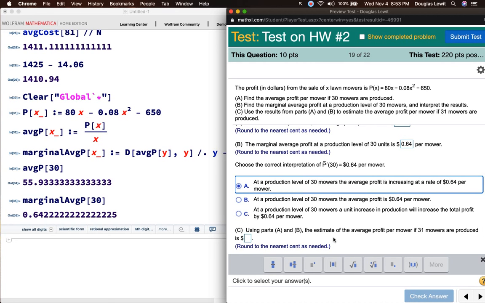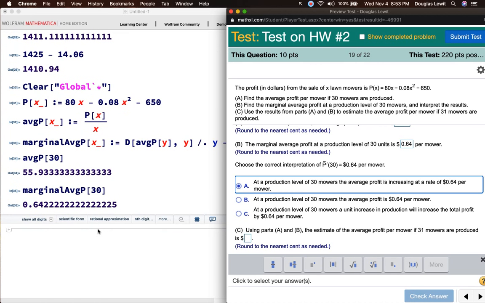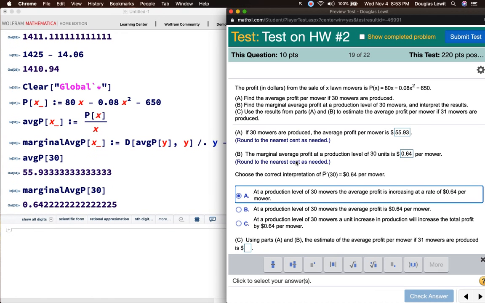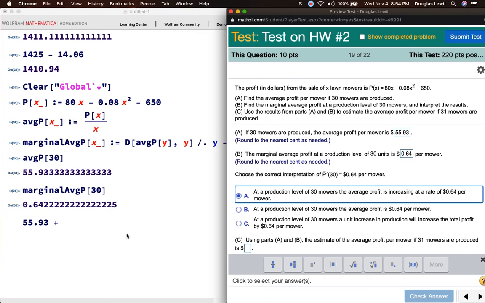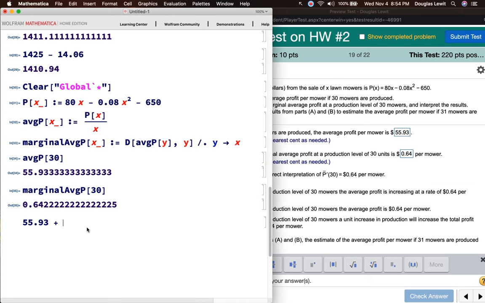Using parts A and B, the estimate of the average profit per mower if 31 mowers are produced is going to be the answer to part A plus the answer to part B. So we have $55.93 is the answer to part A. And then the answer to part B is going to be 64 cents.